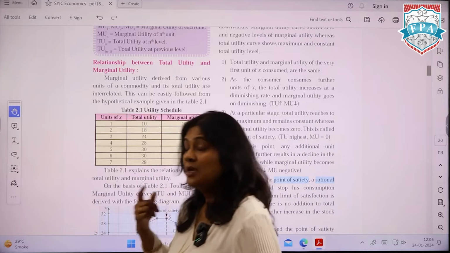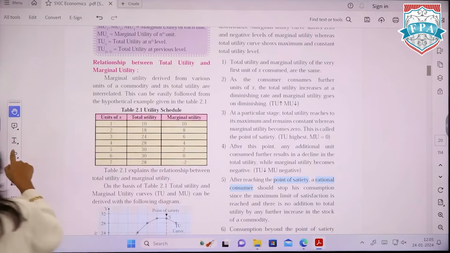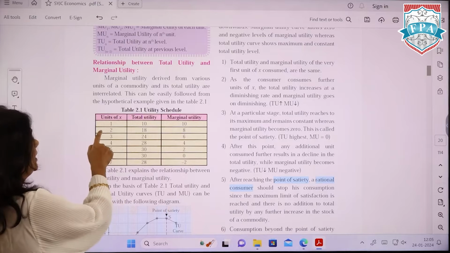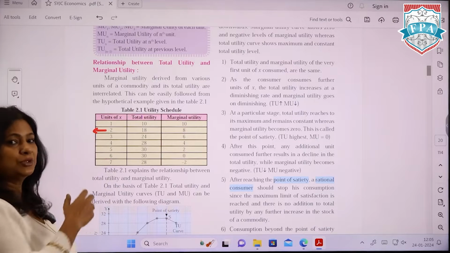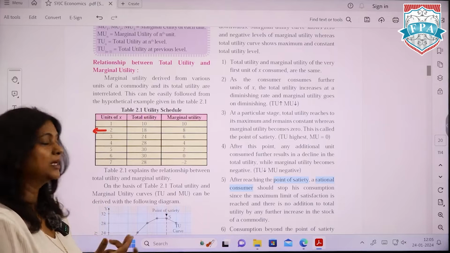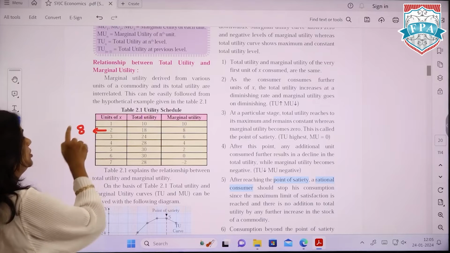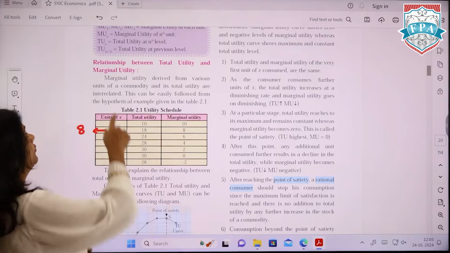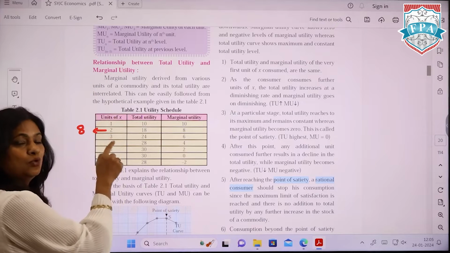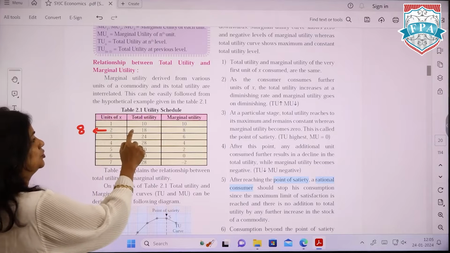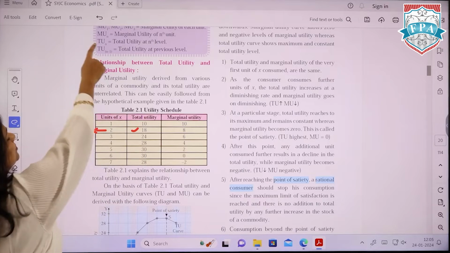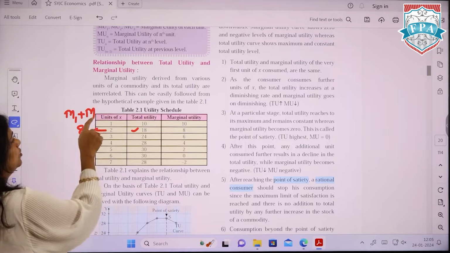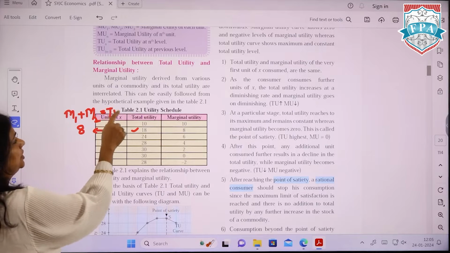This is what I tried to explain to you in the last class, that if you say that consuming the second unit gives you 8 units of utility, that means the total utility of 1 and 2 put together is 10 plus 8, so total utility is 18. So this explains why M1 plus M2 will be equivalent to 2 TU.